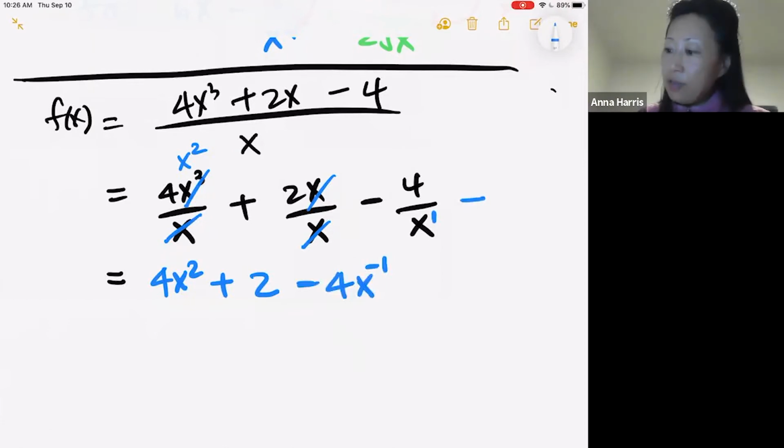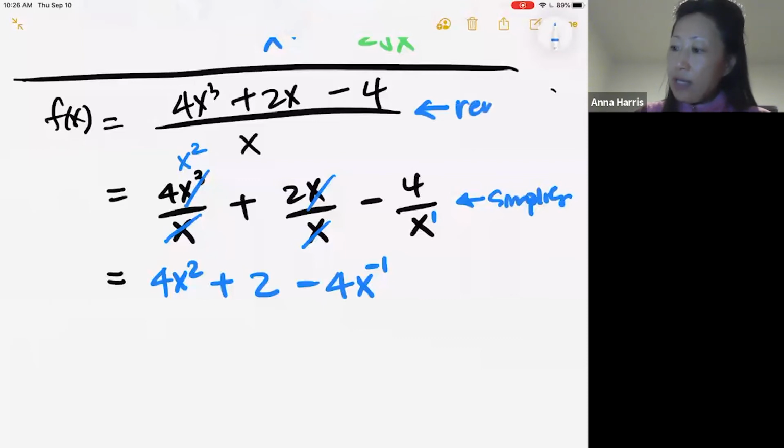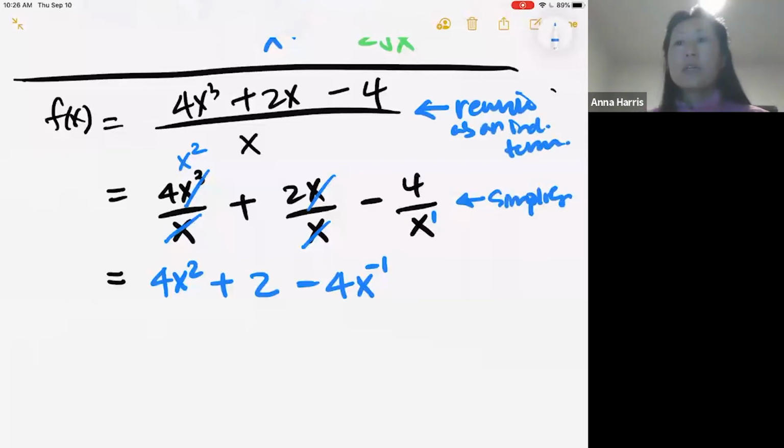This is what I did. You simplify this. This means you need to rewrite it as an individual term. Oh, simplify here. Now we can take a derivative.